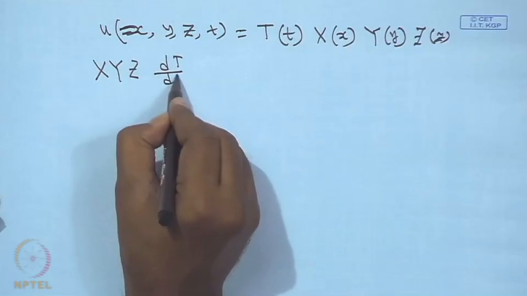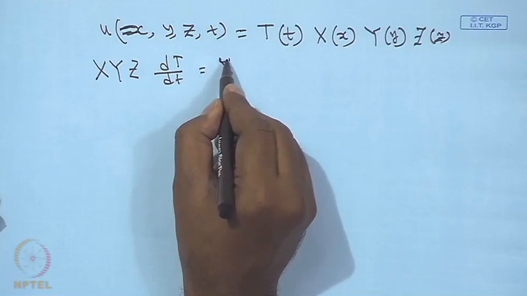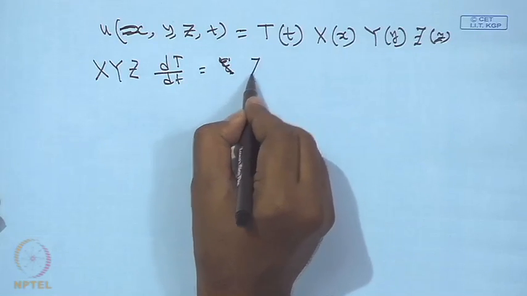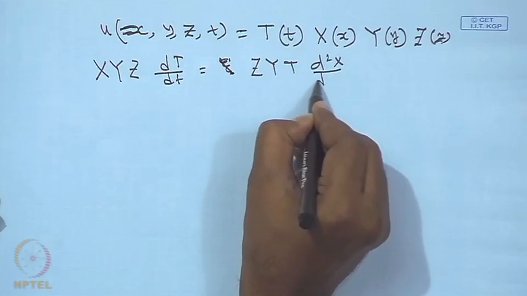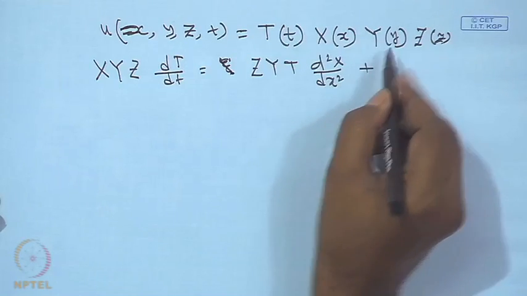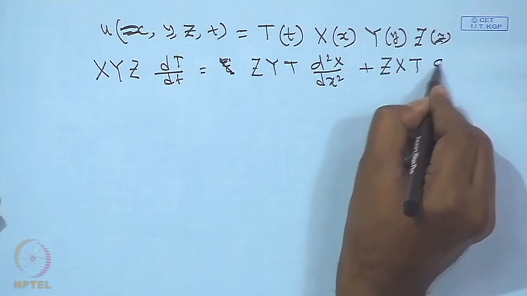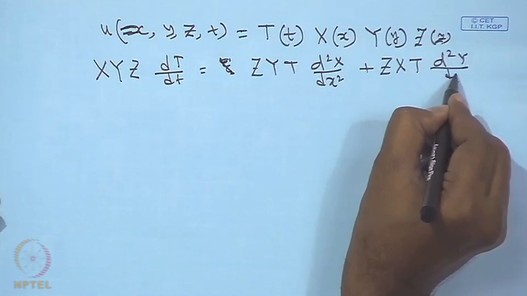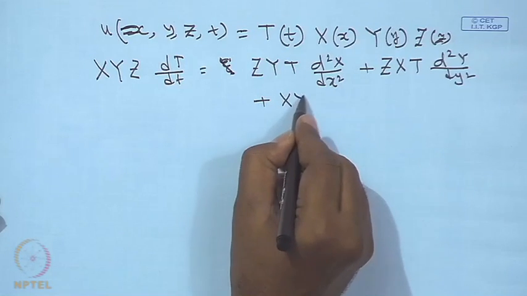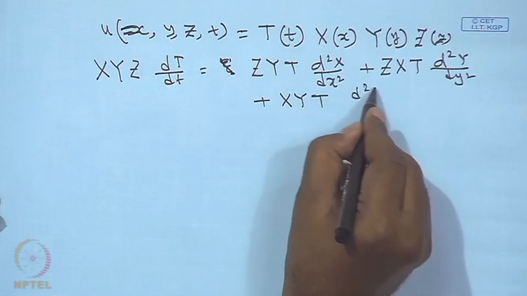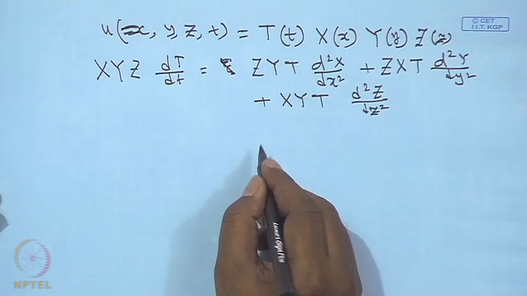So, therefore, we substitute this equation into the governing equation, we will be getting X Y Z dT dt is equal to Z Y T d square X dx square plus Z X T d square Y dy square plus X Y T d square Z dz square.